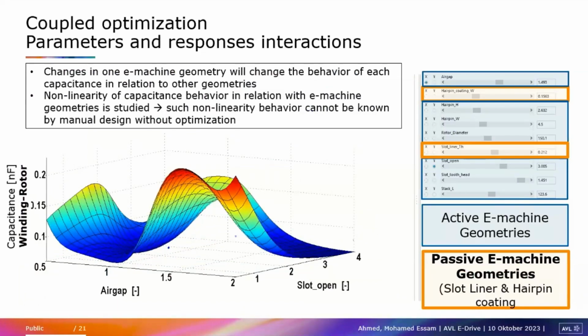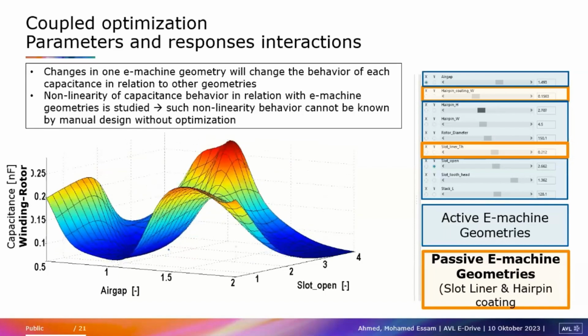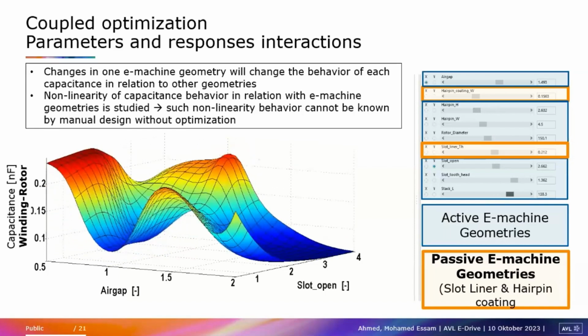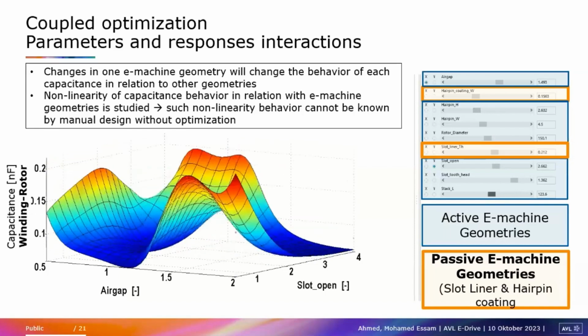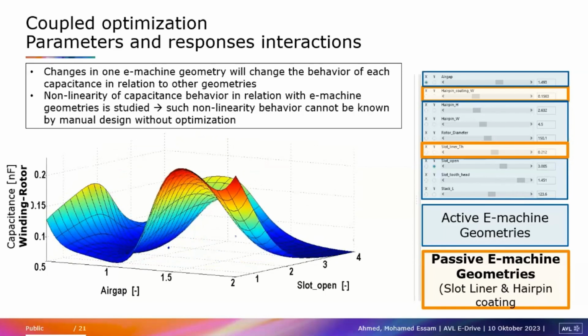But you see that it's not a fixed value, which means I'm changing something else, like another parameter, the stack length, and you can see the winding to rotor capacitance, for example, with the air gap, will change. This we cannot catch manually. You need some sort of design of experiment or optimization to really study where I am in terms of my design and where I should go.